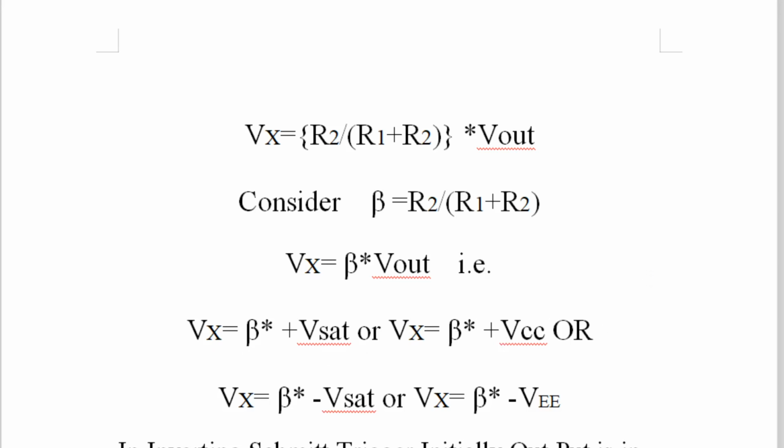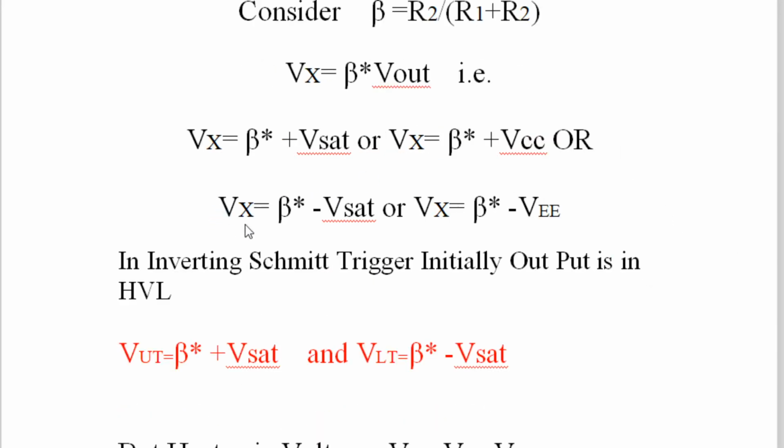Similarly, Vx equal to beta into minus Vsat, or beta into minus VEE, because the output will not be permanently in HVL or LVL; sometimes HVL, sometimes LVL. So the output of the op amp changes from HVL to LVL. HVL equals plus VCC, also called Vsat plus. LVL equals minus VEE, also called Vsat minus.